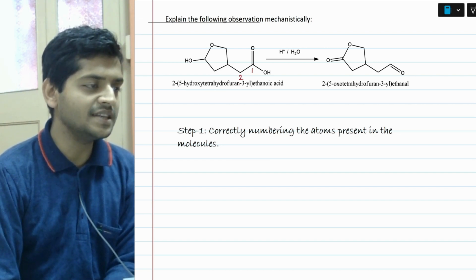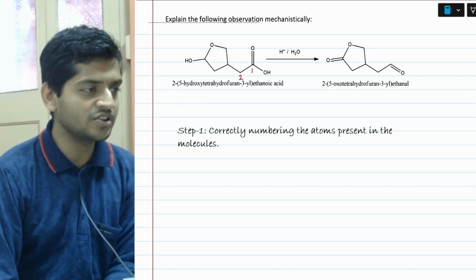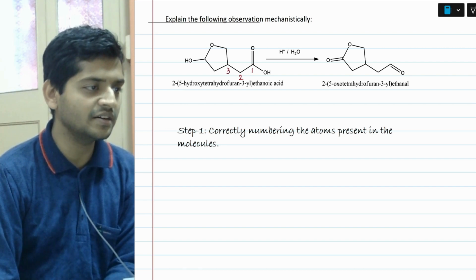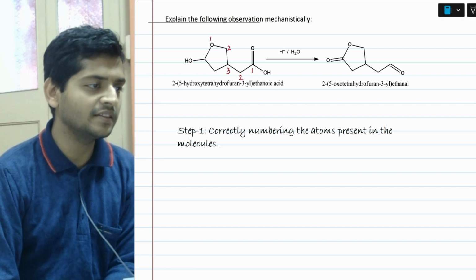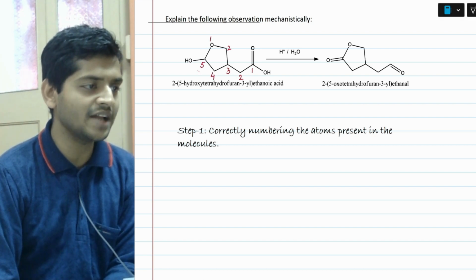And we can see that if we start numbering from the oxygen atom, then second, third, fourth and fifth, then the third carbon of the tetrahydrofuran ring is attached to the second carbon of the ethanoic acid.